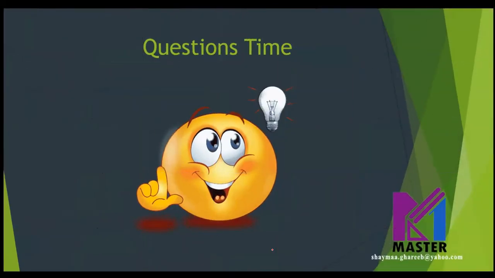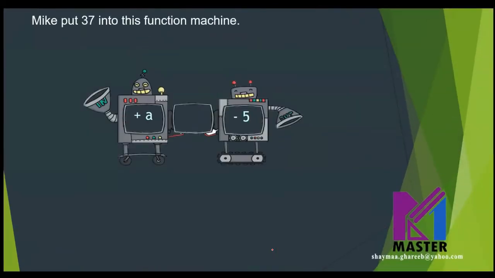Now it's our questions time. Mike put 37 into this function machine. Look at this function machine. Here it is the input and this is the output. So he puts 37 into this function machine. He found that the output is 44.